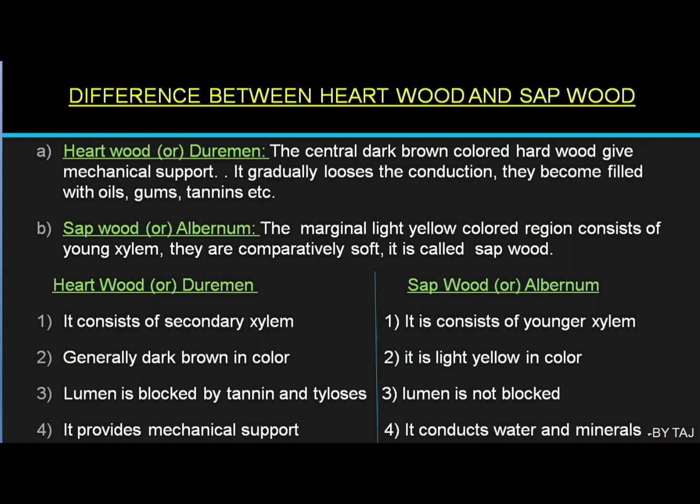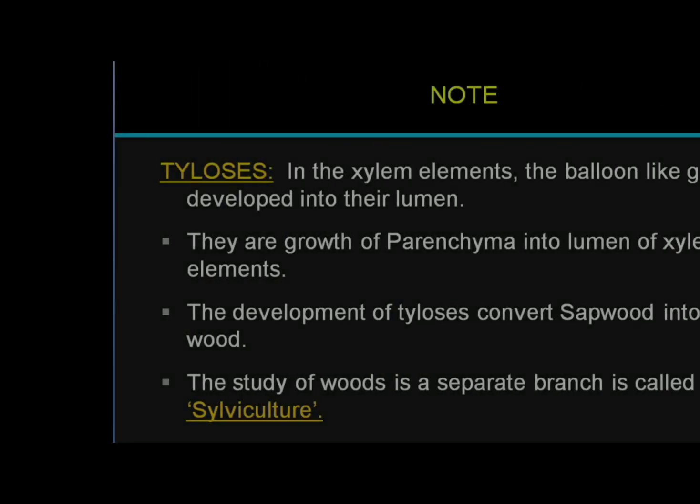Tyloses I will define in the next slide, so you can go through that. But in sapwood, the lumen is not blocked because it consists of young xylem, which helps in conduction of water. Heartwood provides mechanical support because it has secondary xylem. Sapwood helps in the conduction of water and minerals. So this is about heartwood and sapwood.